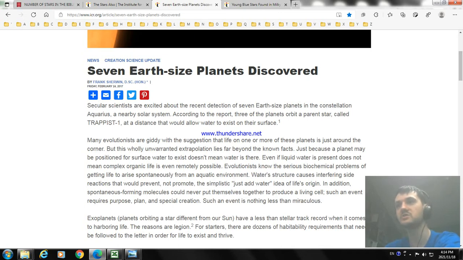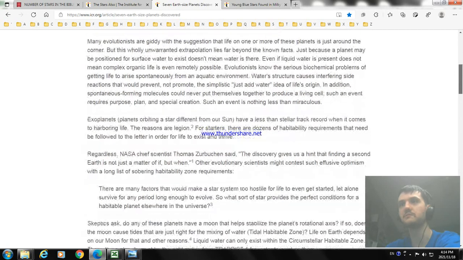Water structure resists reaction, preventing, not promoting. So it's just add water, and then these other additions, such as forming molecules, could never put themselves together and produce a living cell. It's just an event. It requires creation. It's just an event and nothing less than miraculous.